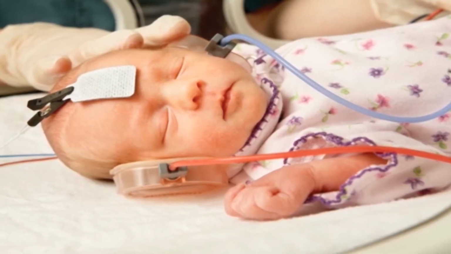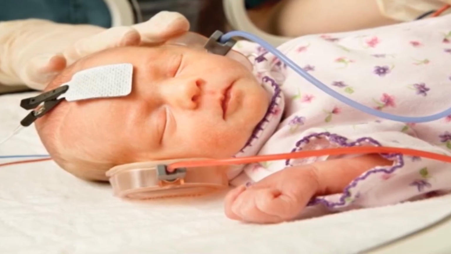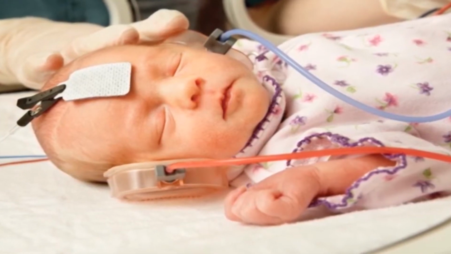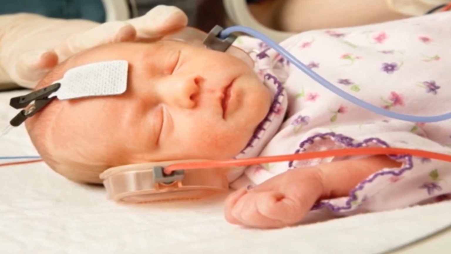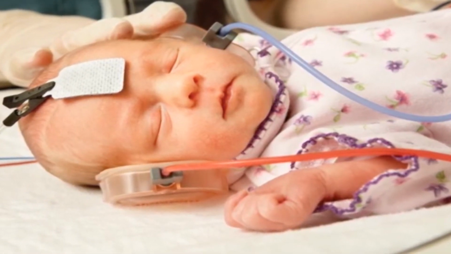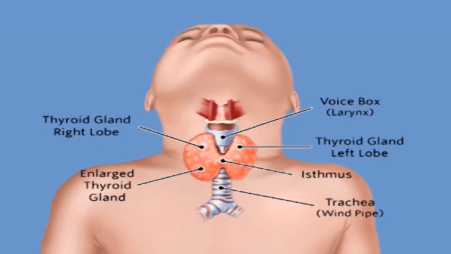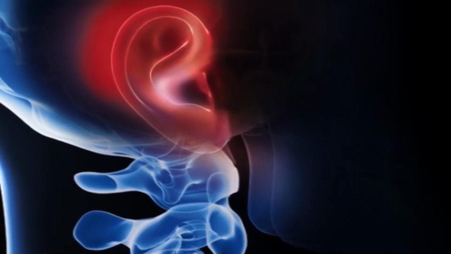Hearing loss is considered to be the most prevalent congenital abnormality in newborns, and it is more than twice as prevalent as other conditions that are screened for at birth, such as sickle cell disease, hypothyroidism, phenylketonuria and galactosemia.